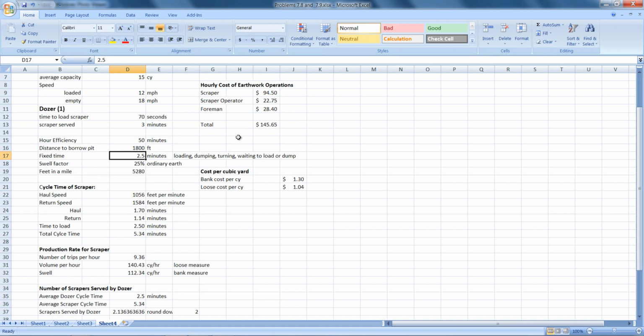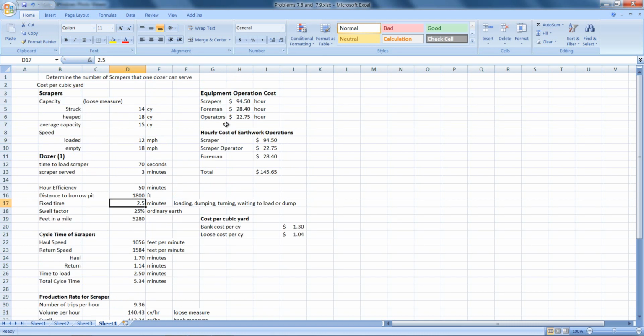And so essentially we just went back in, changed some of the operating costs of the equipment, had a foreman instead of a dozer and a dozer operator. We had a little bit of a difference on the distance to the borrow pit. So basically in 7.9, you just need to take your time and carefully look at the variables that changed.